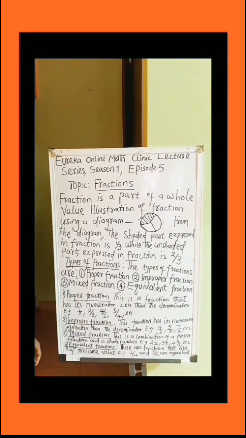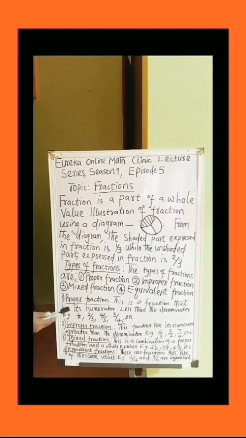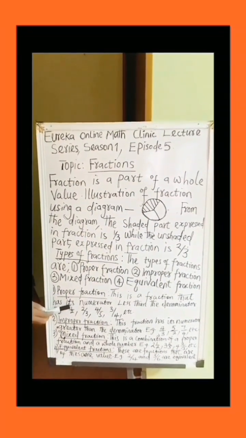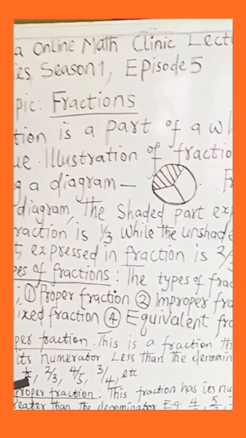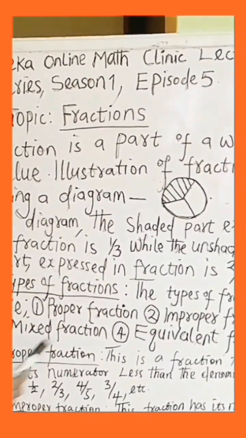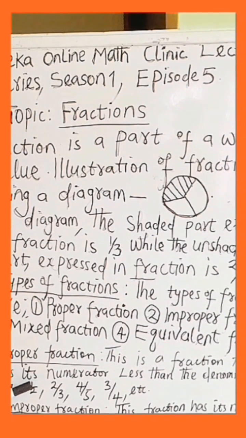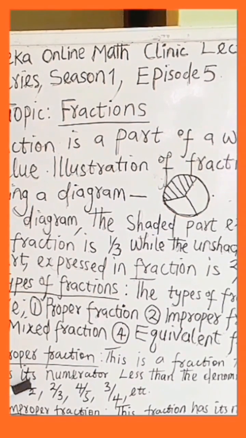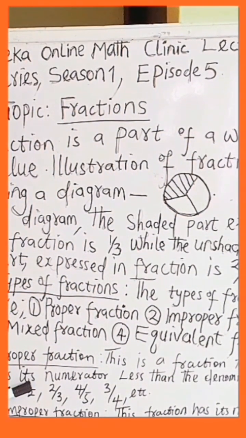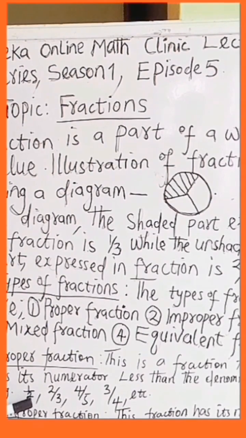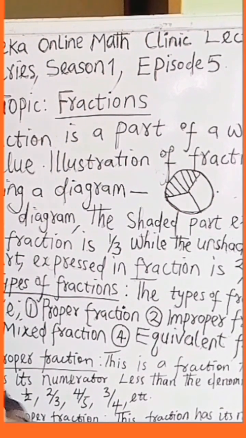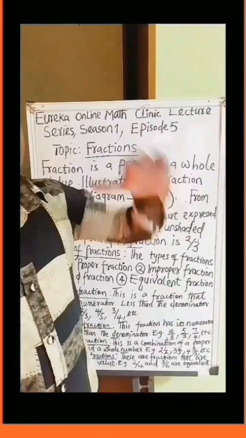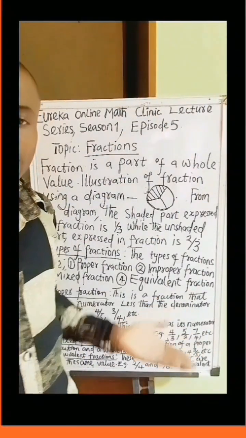So for proper fraction, the numerator is the value that is up, while the denominator is the value that is down. The numerator is less than the denominator. So a proper fraction is a fraction that has its numerator less than the denominator.